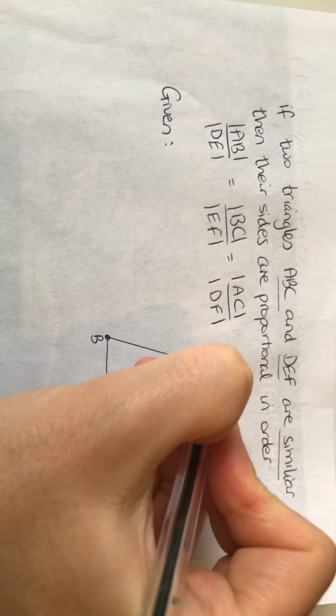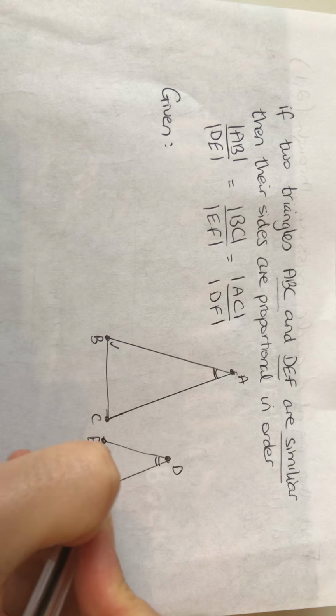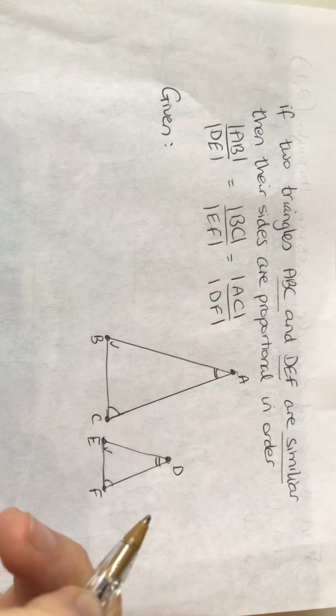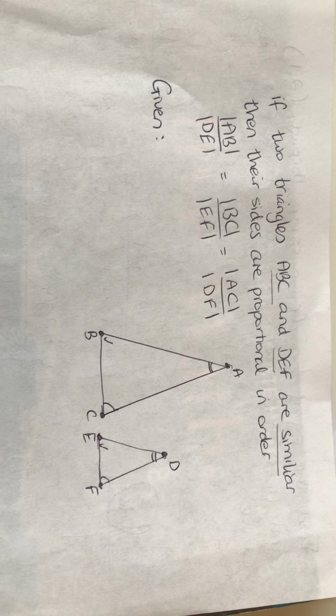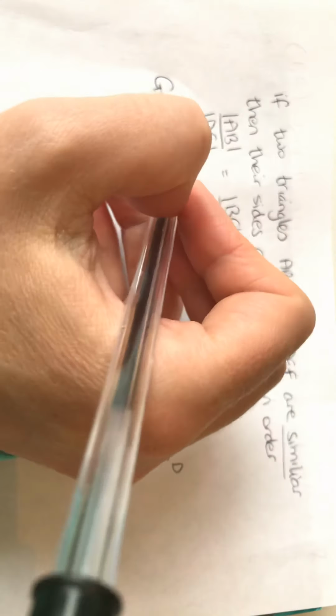Similar. I need to put in the markings that just show they're the same, whatever way you want to do that. Or you could, instead of the tick, do three little lines. Whatever you want to do. So what was I given? I was given two similar triangles.